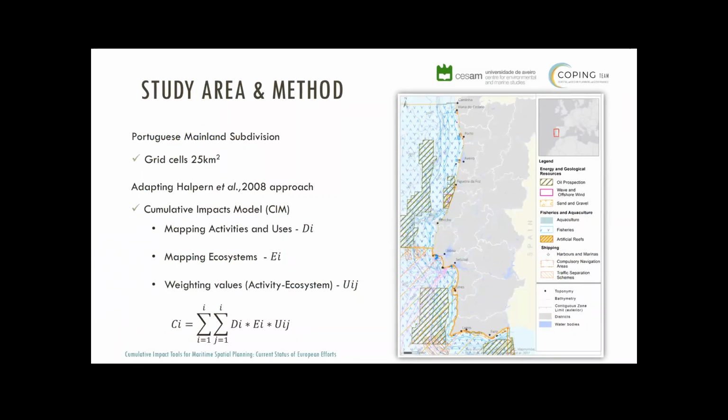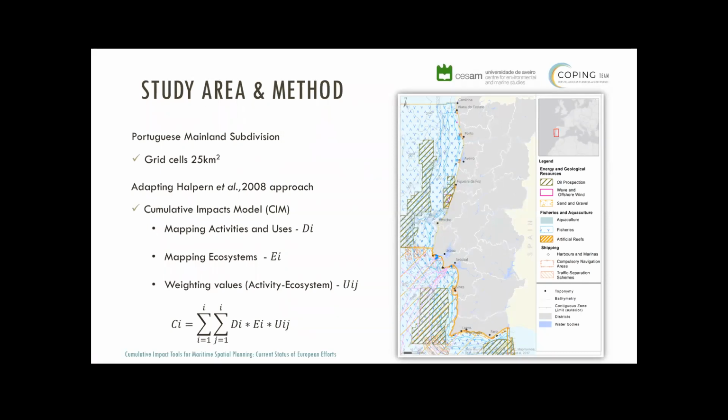This area was the subject of an MSP exercise in 2010 by the Portuguese government. Since then, new legislation was published, and an MSP plan, now called the situation plan, was developed, and this is just now in a few days entering public consultation.